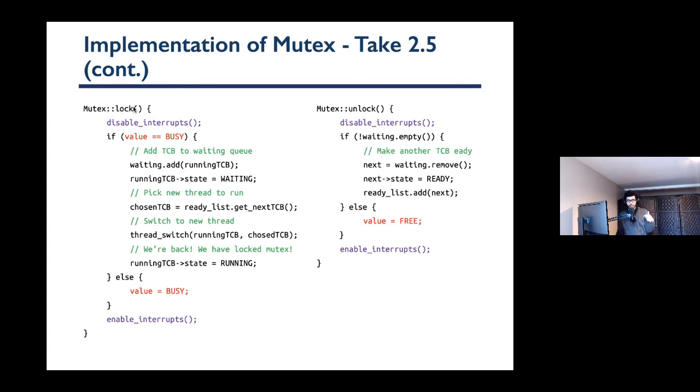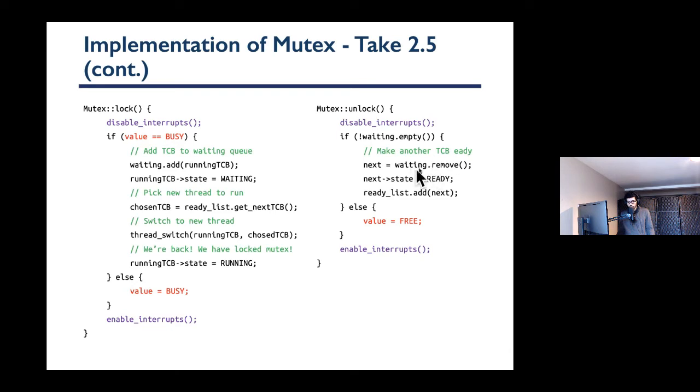That's the first point. The second point, here in the unlock case, if I want to unlock, I just look at the waiting queue, see if anybody else is waiting. If somebody is waiting, then I would just take them out of the waiting list.